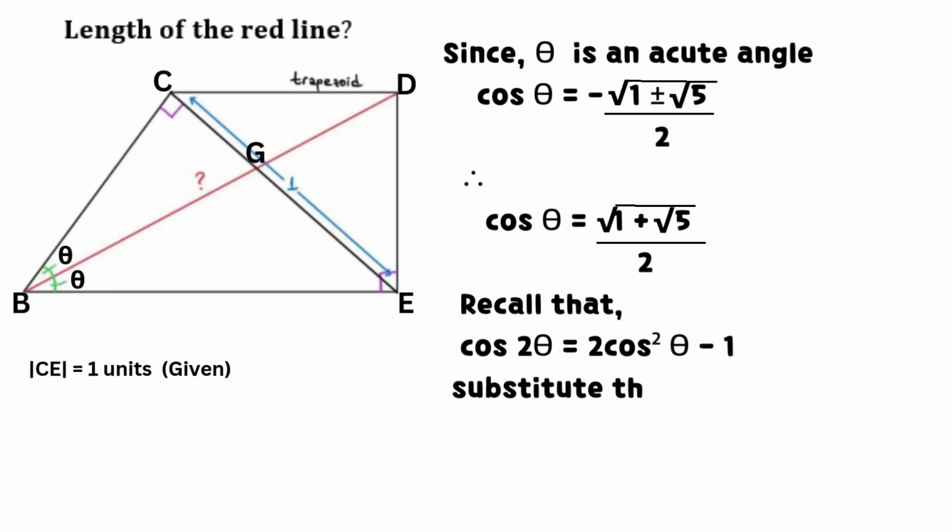Recall that cosine 2 times theta equals 2 times cosine square theta minus 1. Substitute the value of cosine theta.